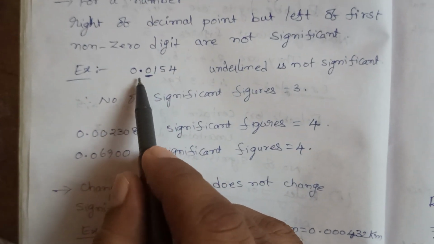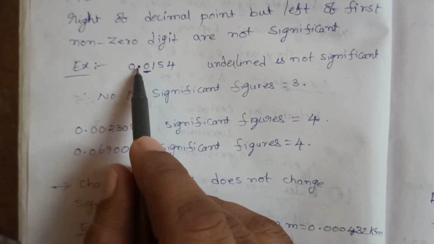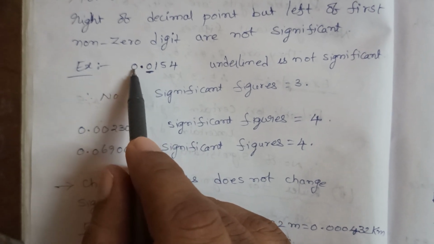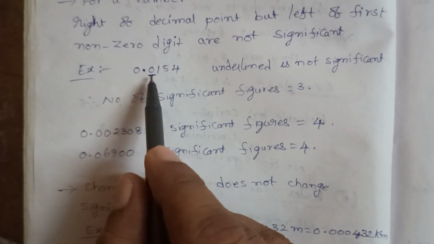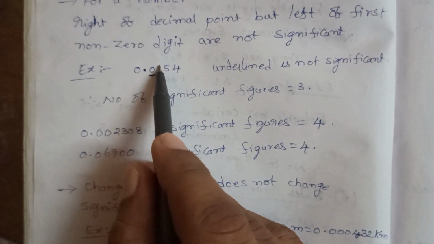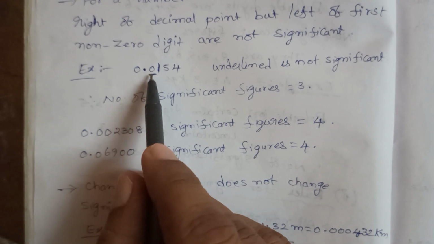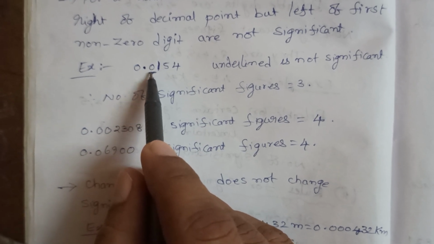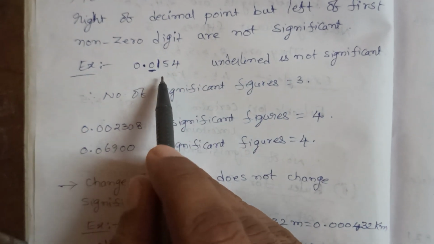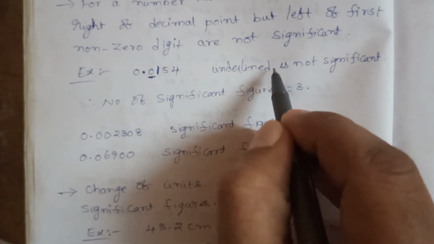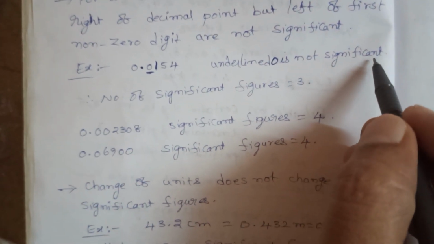Here is an example; after seeing the example, once again we will discuss the rule. Here you see, the decimal point has a 0 before it, meaning this number is less than 1. Now the 0 after the decimal point is not counted while counting the significant figures. The underlined 0 is not significant.